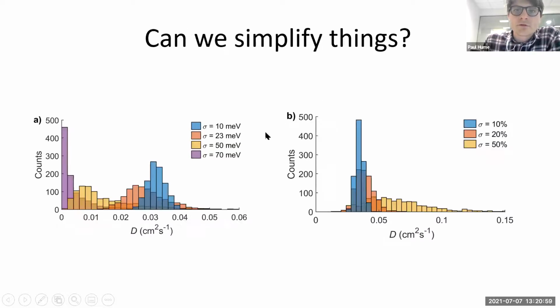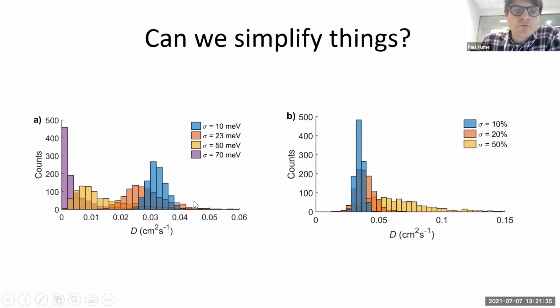And so the last thing we did, because I've got an eye on the time, is we looked at, can we simplify things, or can we cheat and not do a Monte Carlo model at all? For that, we still randomized all our site energies and couplings, but we just calculated a diffusion coefficient that was a weighted average of rates to each of the neighbors.